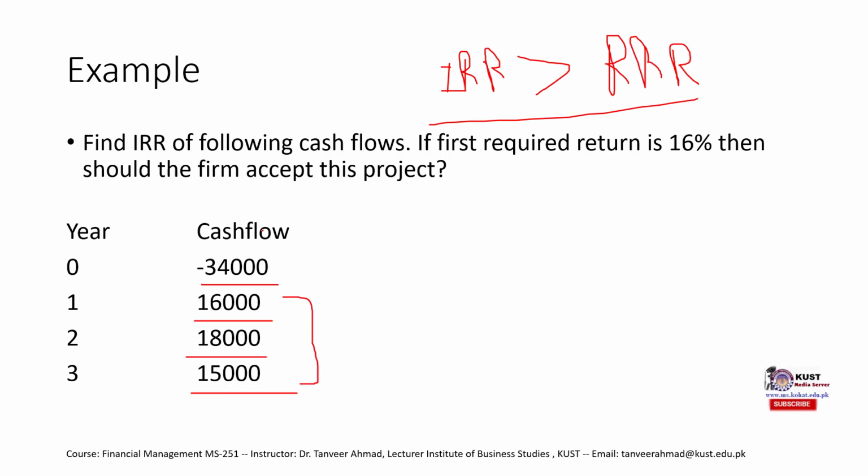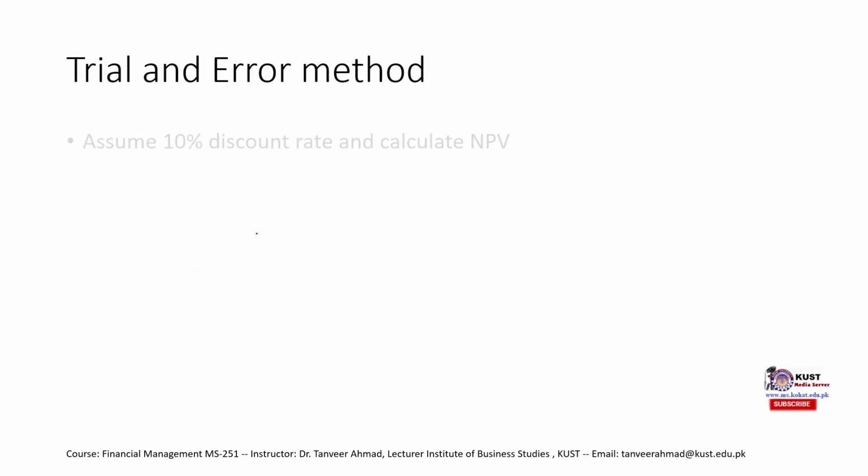So again, we know that there are two techniques to find IRR. First one is the trial and error method, and the second one is the interpolation method. So first, again, we are going to solve this question to find the IRR of these cash flows using the trial and error method, and then we are going to use the interpolation method. So starting with the trial and error method, you know that we first try a value of R, a discount rate.